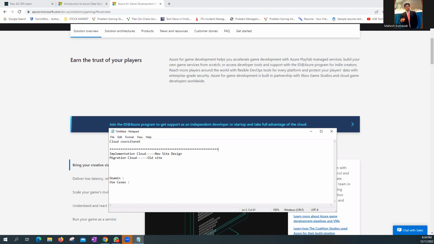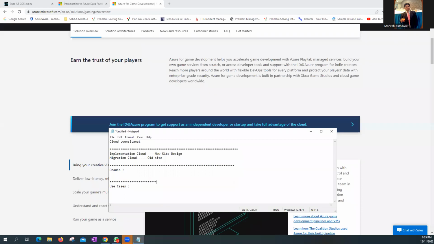Cloud security is very famous right now. Every company is looking for cloud security professionals, and they are going to be working on all those use cases. So first of all, if you're talking about a cloud consultant, your role is new site development or the old site. Understand this first thing and keep it in mind, and then you create strategies.